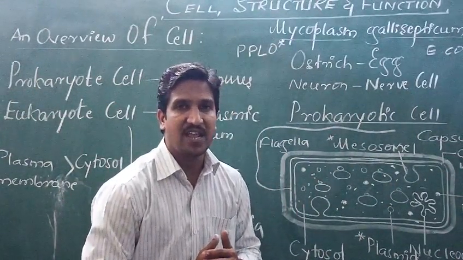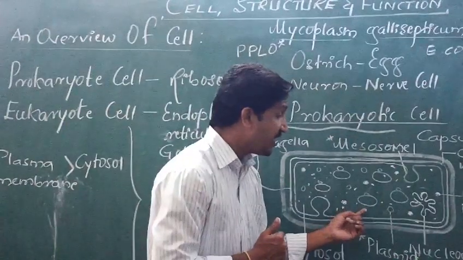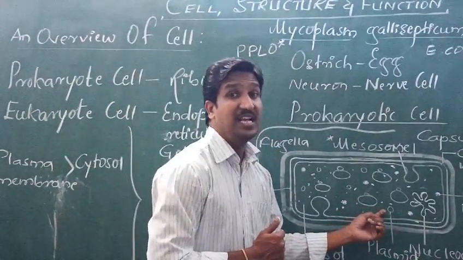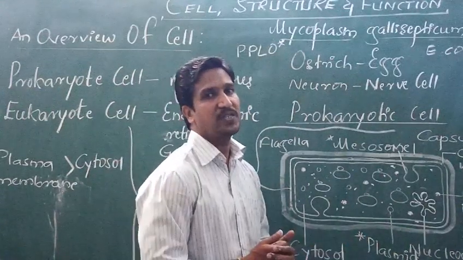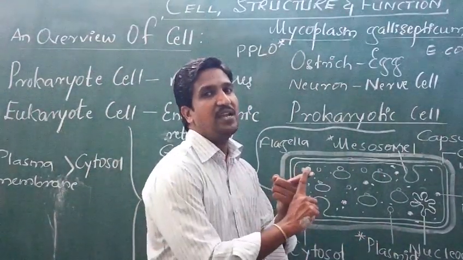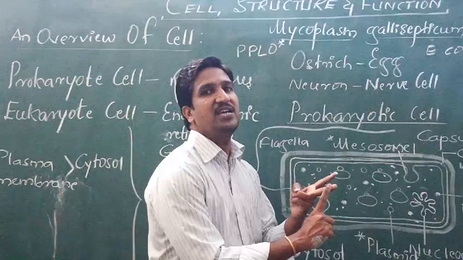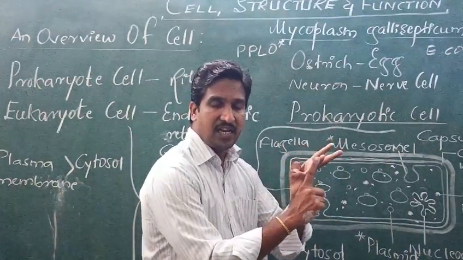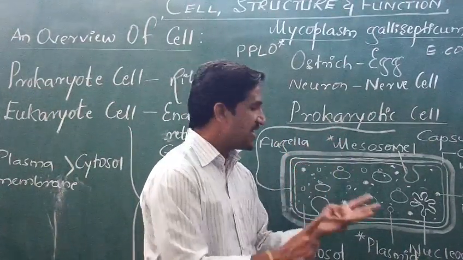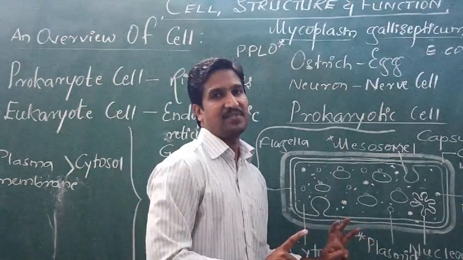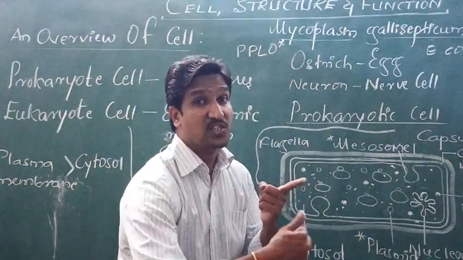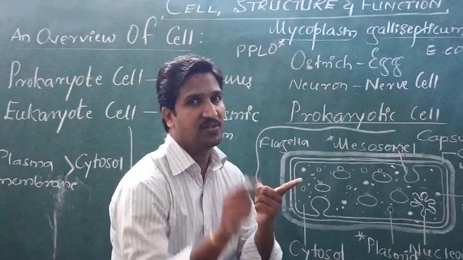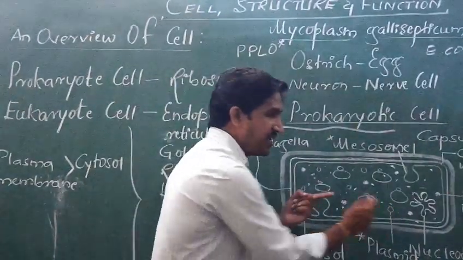Extracircular DNA present in the cytoplasm of the bacteria, self-replicating one. So how should we state the definition clearly? Self-replicating extracircular DNA present in the cytoplasm of the bacteria is called a plasmid. Once again I am telling you, extracircular: there is an extra, it is circular, that is, round.